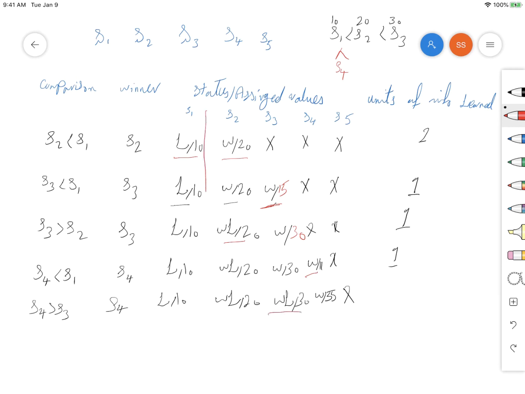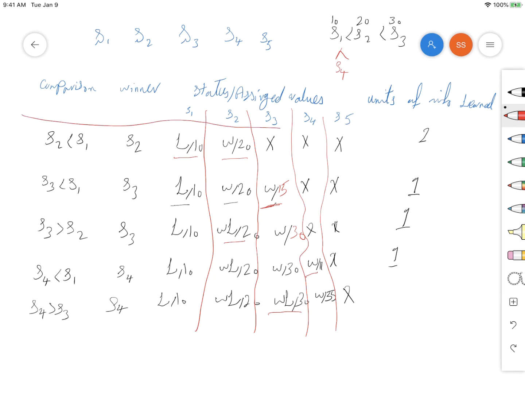I'm going to do this division, so okay, I think it's a little more readable here. So that's the information, that's the change that we have. So the amount of information we learn is going to be 1 here.